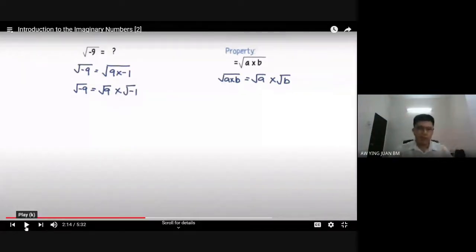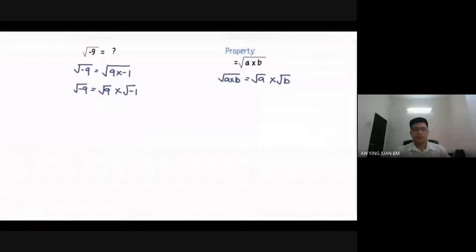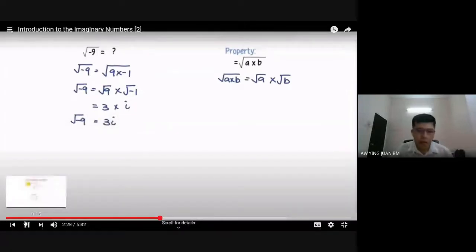Slowly. The square root of 9 is equal to 3. And the square root of negative 1 is equal to i. The square root of negative 9 will be equal to 3i. Okay? So dalam calculator, you dapat maths error.